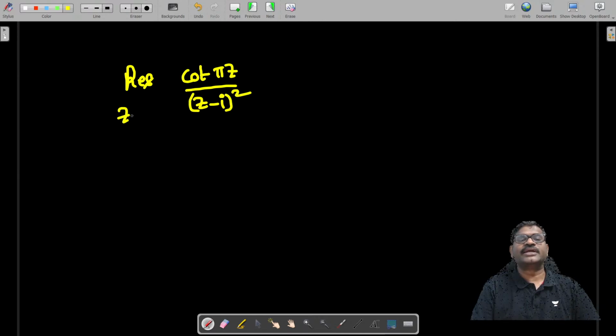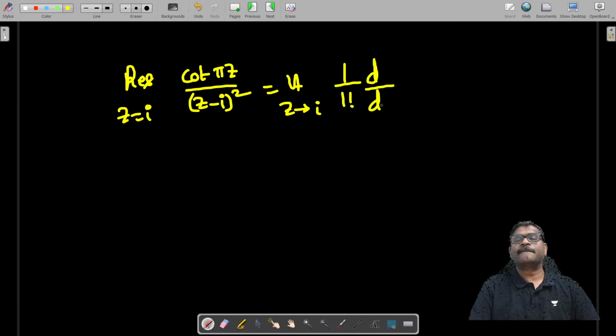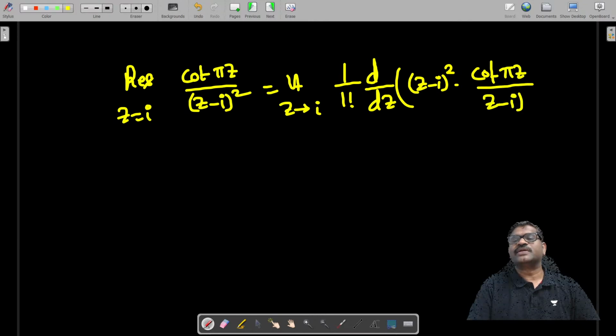Next. Residue of cot pi z by (z minus i) whole square at z equal to i is limit z tends to i of 1 by 1 factorial d by dz of (z minus i) whole square into cot pi z by (z minus i) whole square.